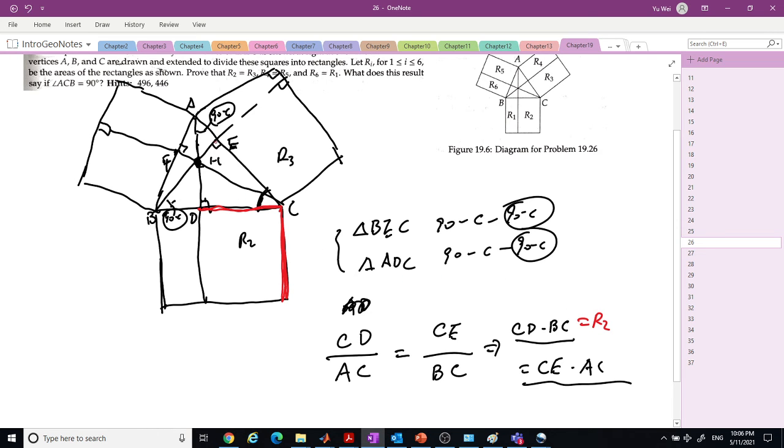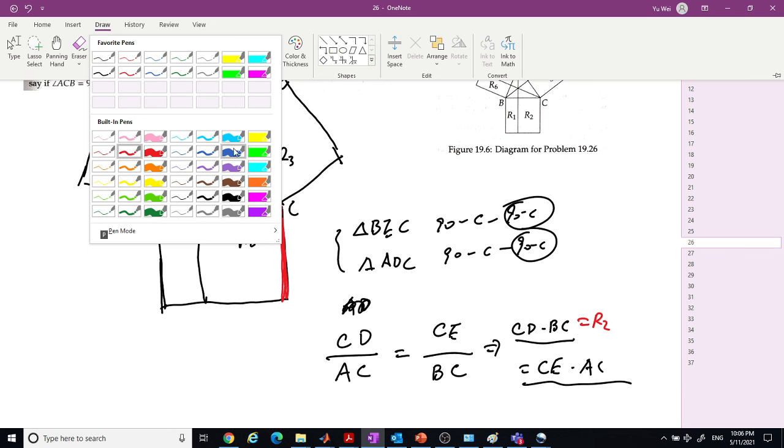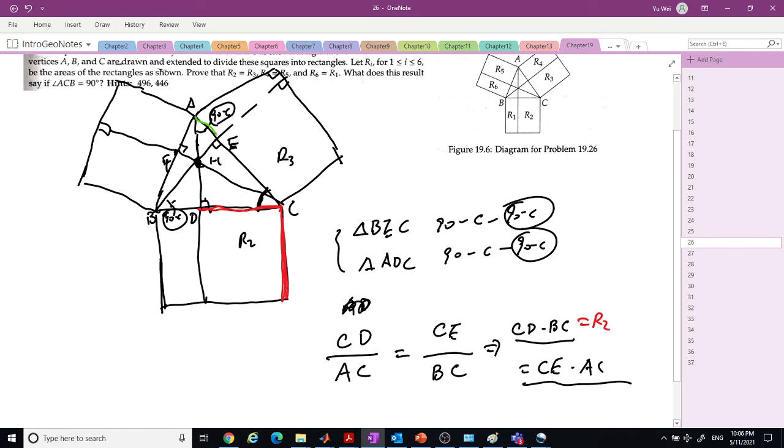Then CE times AC, and AC is also equal to this side, right? So CE times AC is R3. That's why they are equal.